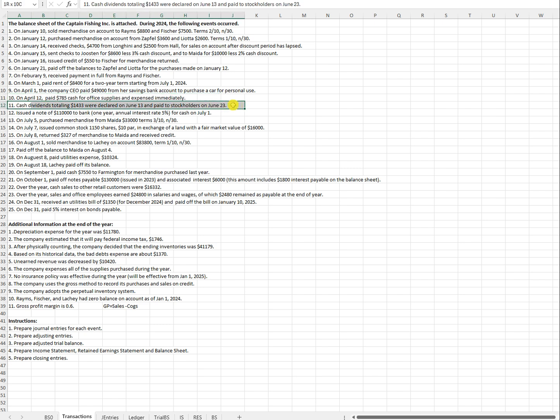Number 11, it's about cash dividend. Cash dividend declared and paid to stockholders on June 23rd. So, it's almost 10 days after announcement, 11 days after announcement.